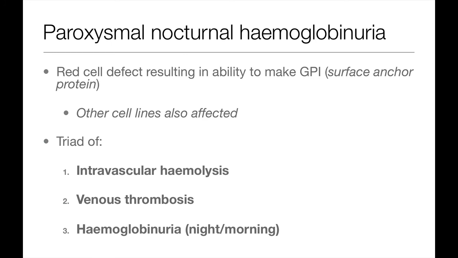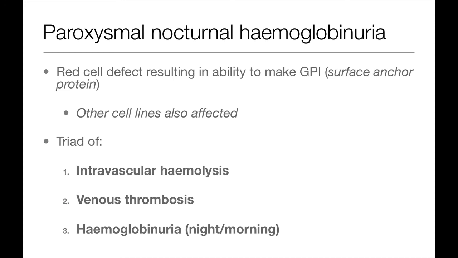So, the last thing in this podcast, I want to consider that exception that we mentioned before. That exception was paroxysmal nocturnal haemoglobinuria, which is an acquired mutation of the PIG-A gene within one of the stem cells. This results in a red cell defect, which results in problems with the cell surface proteins.